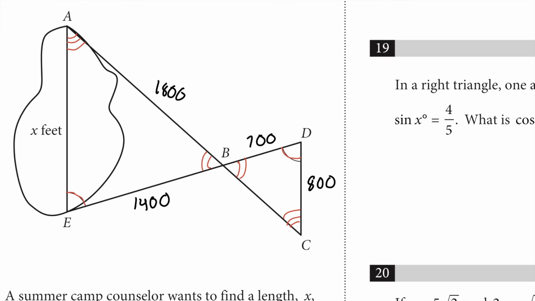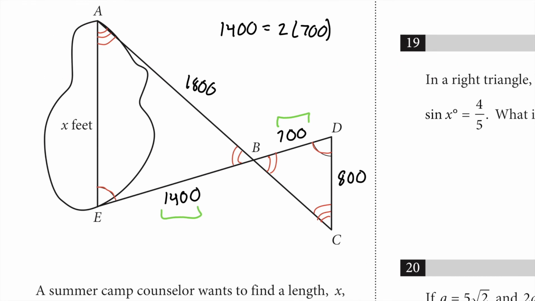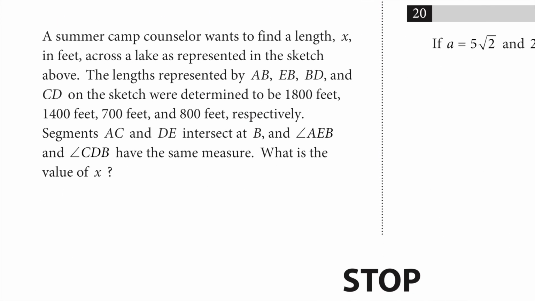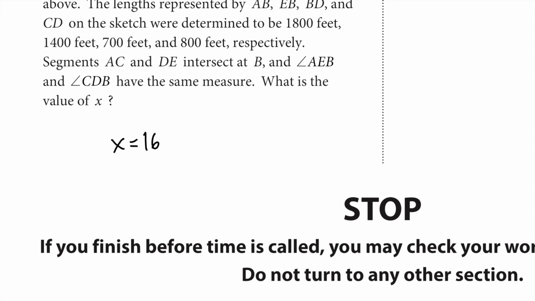If we look at this and this, we see that 1,400 is just equal to 2 times 700. So x is going to be equal to 2 times 800, because it's lined up like so between this angle and this angle. So x must be 1,600. I guess we'll write it here too.